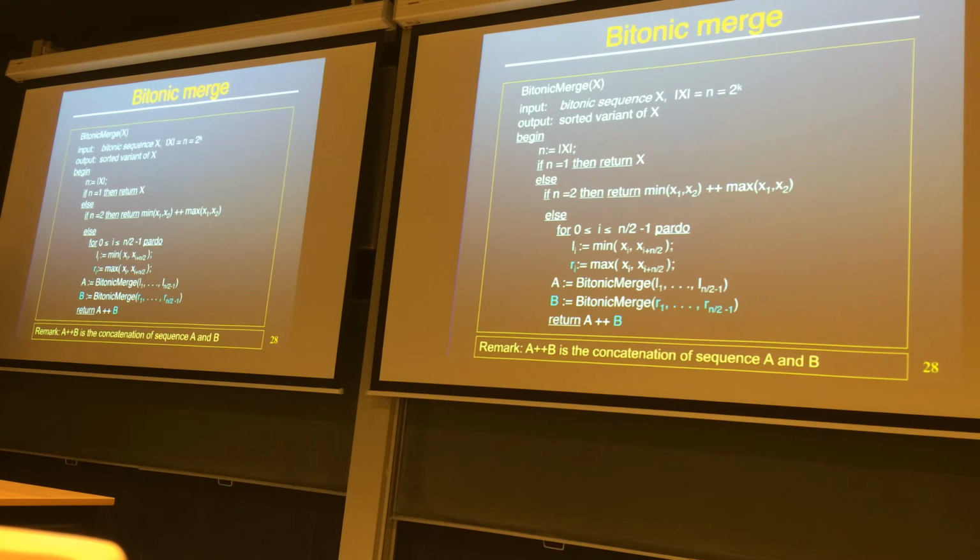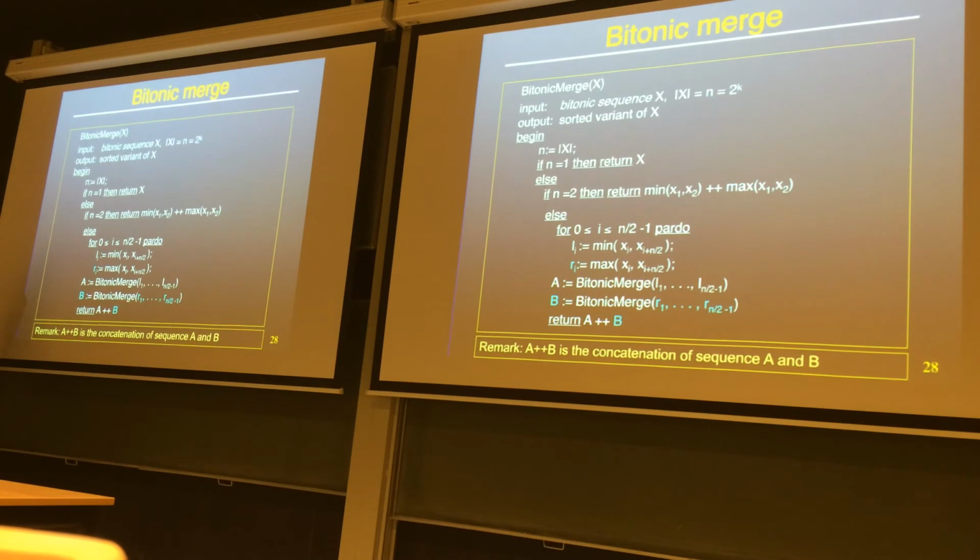You know that now this sequence L, consisting of n divided by 2 elements, and the R, also containing n divided by 2 elements, both are bitonic. So you can apply the same procedure, bitonic merge, on these two halves. And what you, if the procedure is correct, would achieve is here a sorted variant of the first half of the sequence. Yeah. This is also a sorted variant.